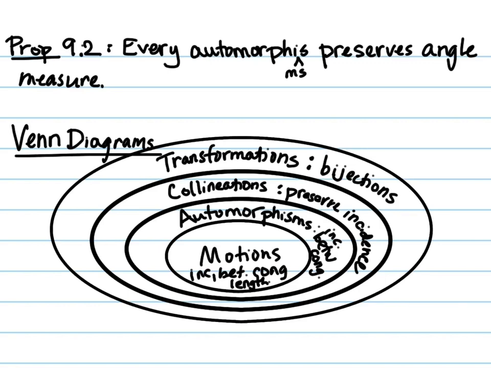All right, I'm going to talk about one specific type of isometry today, and then this will be our last piece. This isometry is a reflection. Motion isometry.